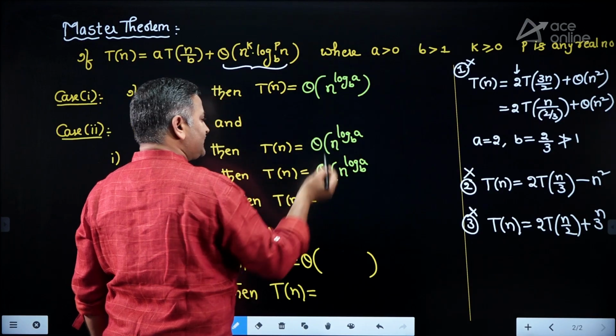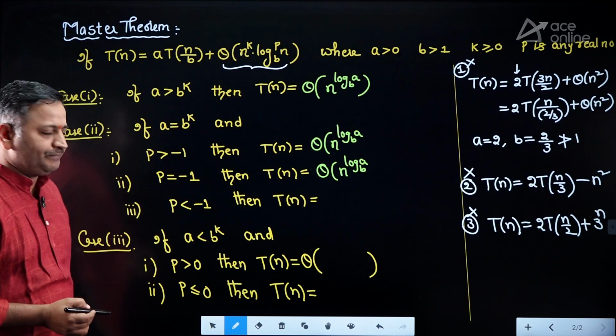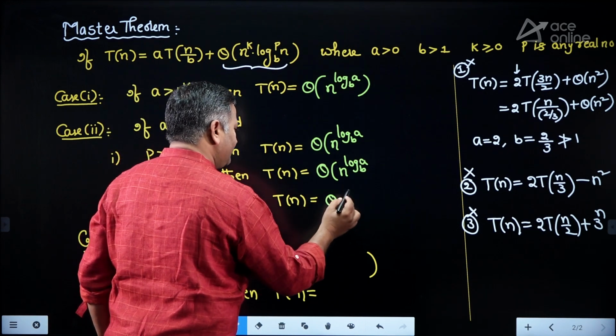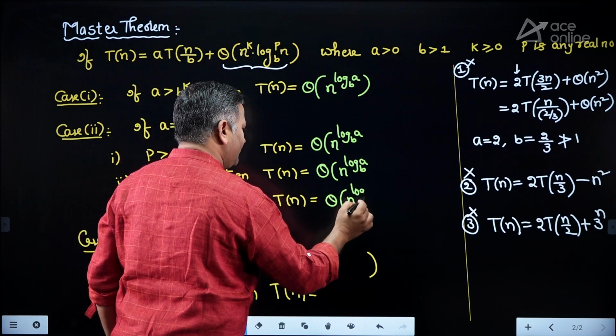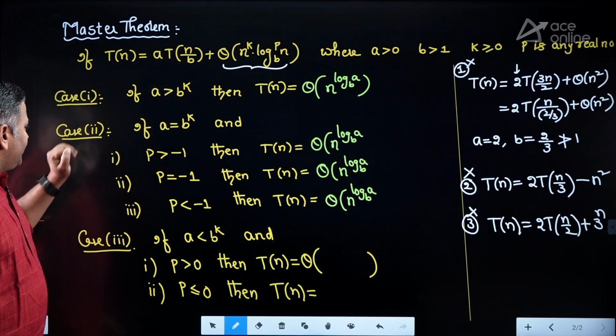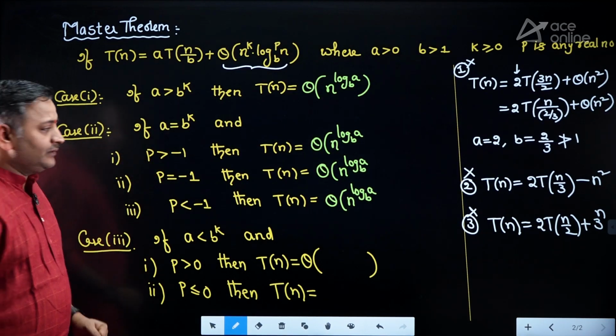If you remember the first case answer, the second and third cases are so easy. And in the second case, third bit, it is theta(n^(log_b a)). Clear, friends?